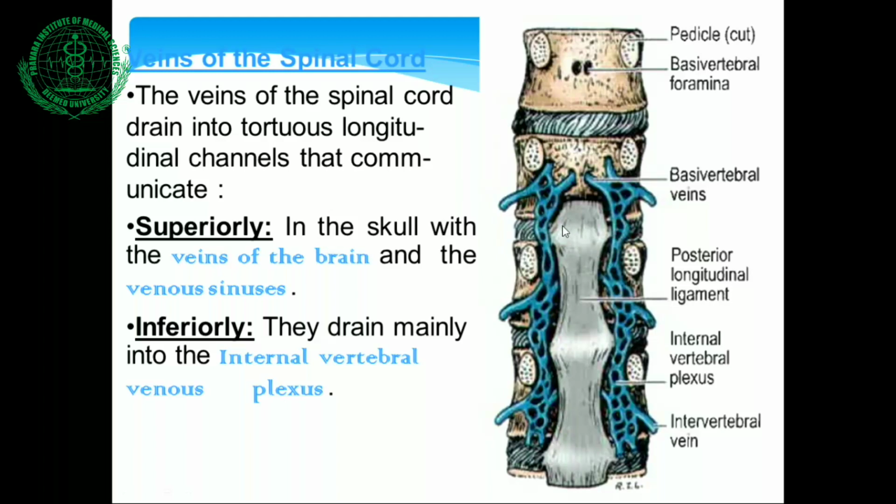They are tortuous in nature, and superiorly these venous channels communicate with the veins of the brain and drain into the cavernous sinus. Inferiorly, these longitudinal venous channels drain into the internal vertebral venous plexus. So here you can see the internal vertebral venous plexus which is formed adjacent to the spinal cord.